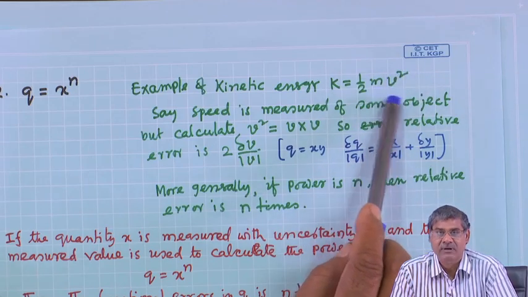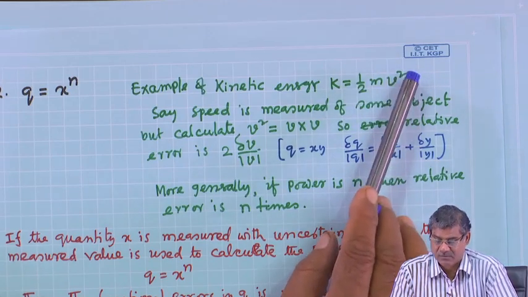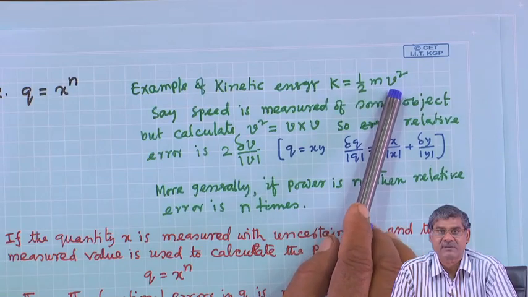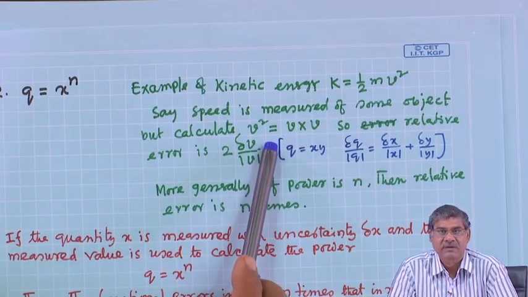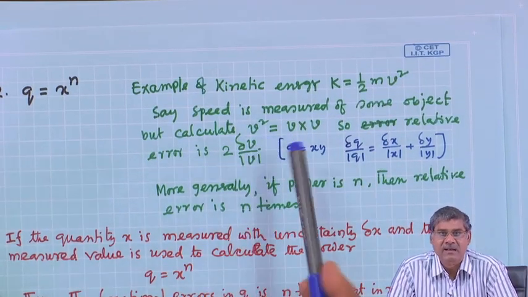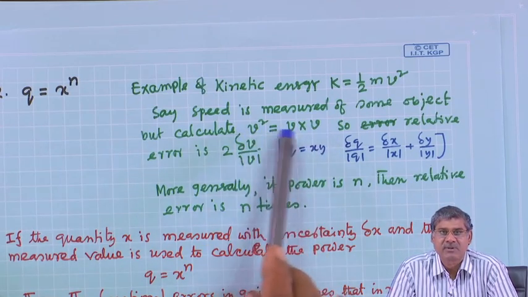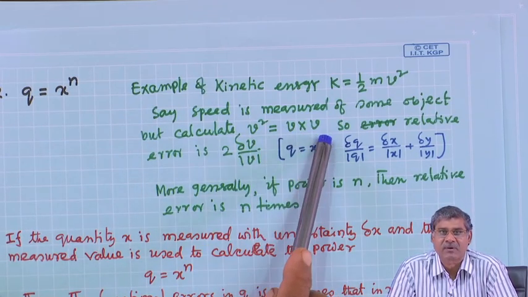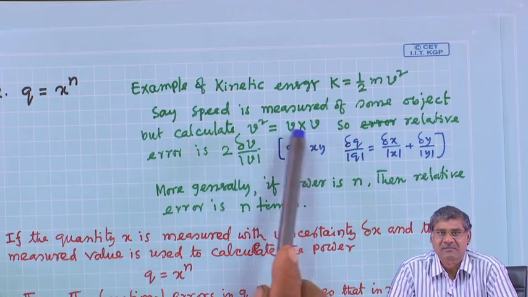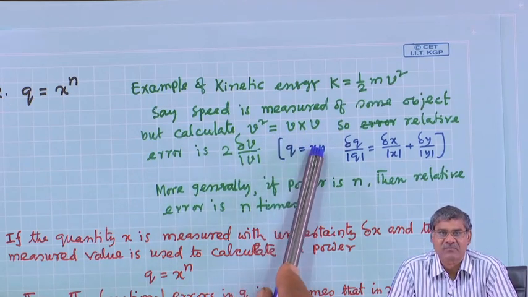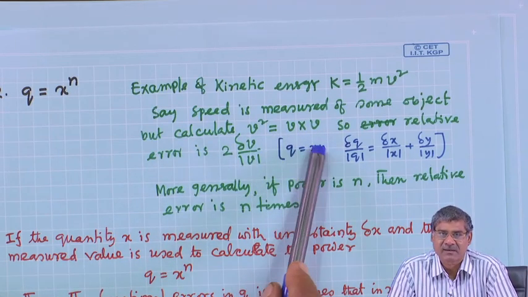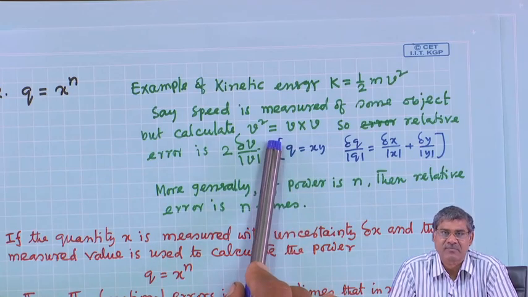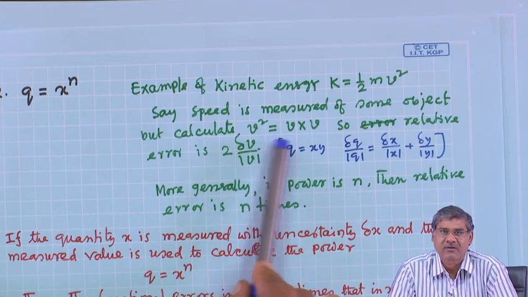So, what will happen for this v square? That is what we are discussing. v square one can write as v into v. So, it is simply the multiplication of two parameters, although they are the same, it is like the x into y form, but both are the same, not different.